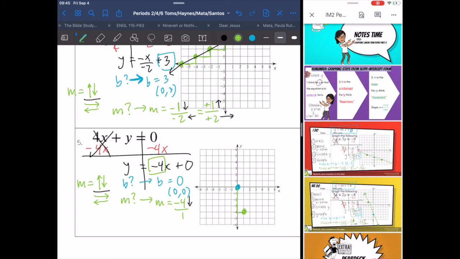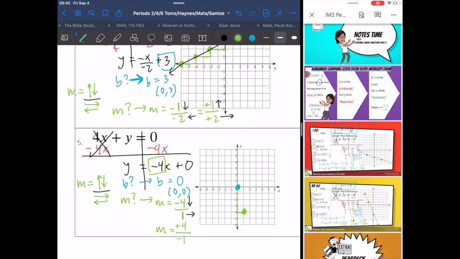Boom. I can go the other way, the opposite way. Because again, I'm moving to the right because this is a positive. I can go the other way. Because again, movement of a slope, the line moves both directions, not just one direction. So I can move opposite of negative 4, which is a positive 4, over opposite of the 1, which is a negative 1.